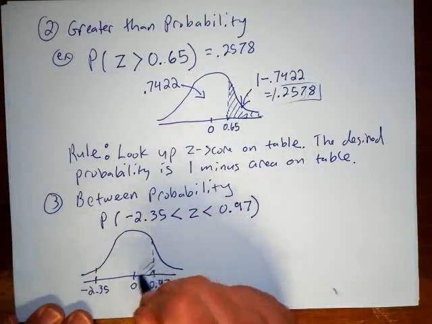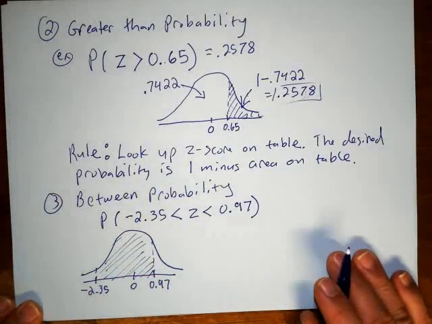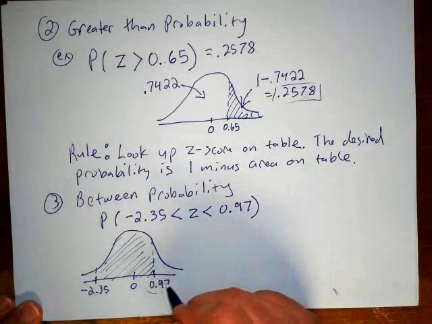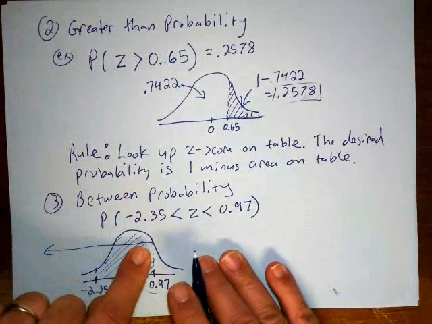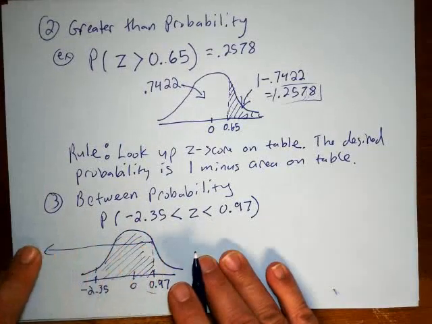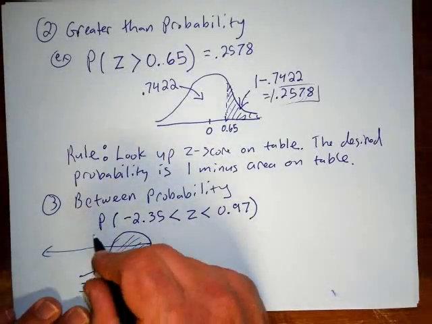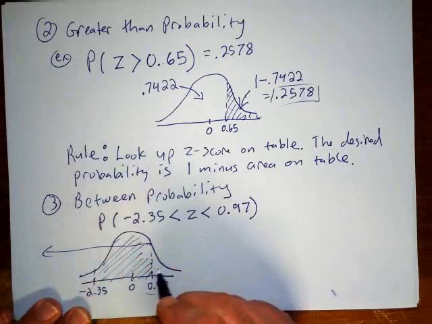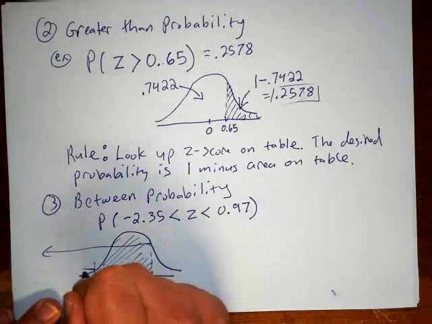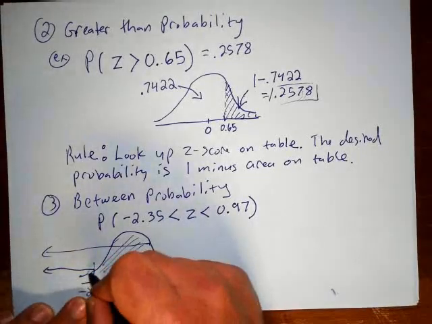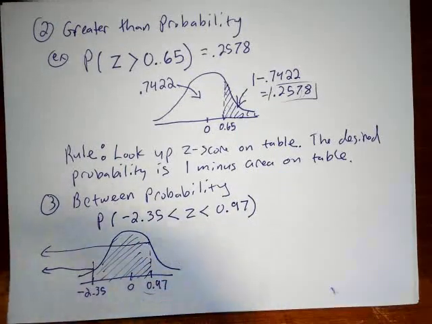I want the area between the two. If I look up the z-score over here, that gives me all the area from that z-score all the way down, and that's too much area. I actually want to stop here. So I look at the area below the other z-score, and subtract the two areas to get the area in the middle.